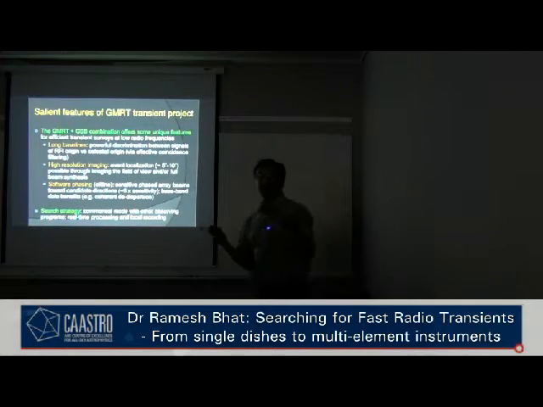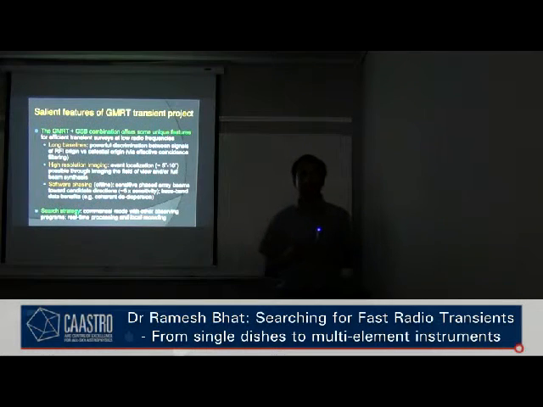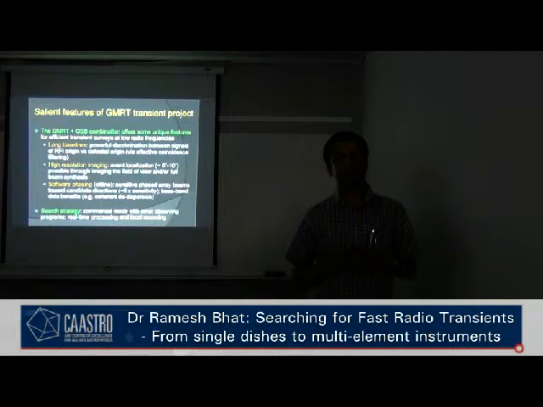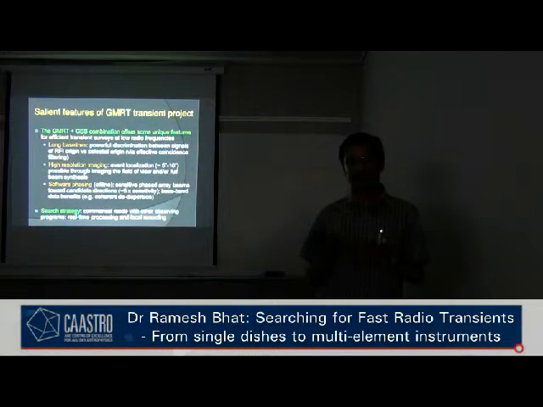You can achieve something like 5 to 10 arcseconds imaging resolution at GMRT frequencies, which is quite similar to the imaging resolution that ASKAP will also have. That is pretty good, so you can localize if you find something.